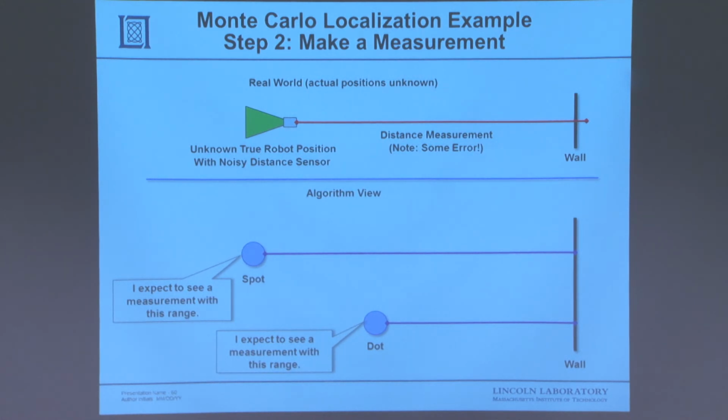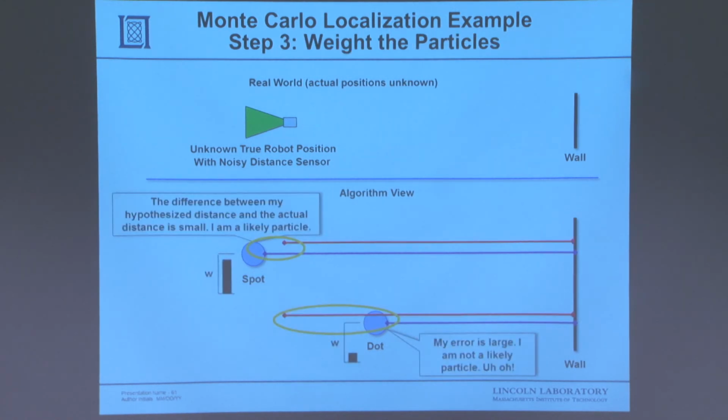Because we know the imagined position of Dot and of Spot relative to that wall, we can just, inside a simulation, figure out how far away it thinks it is from the door. We compare that measurement to the actual measurement and look at how well there's agreement between the two.